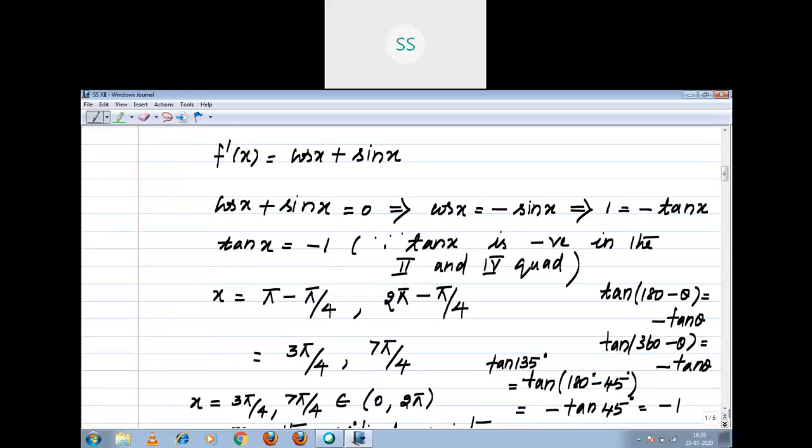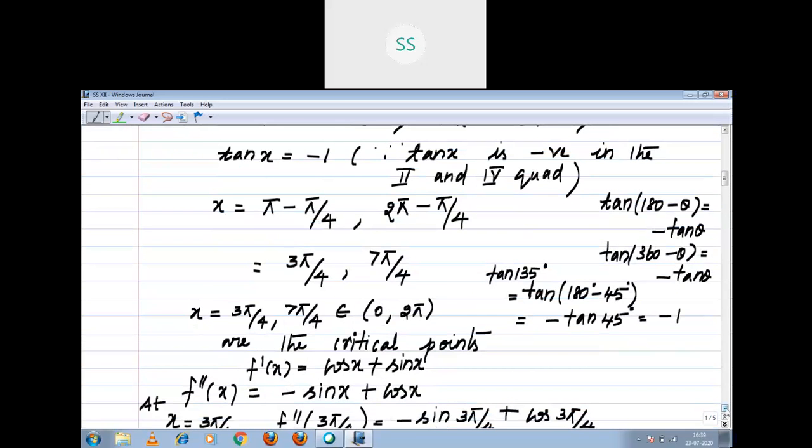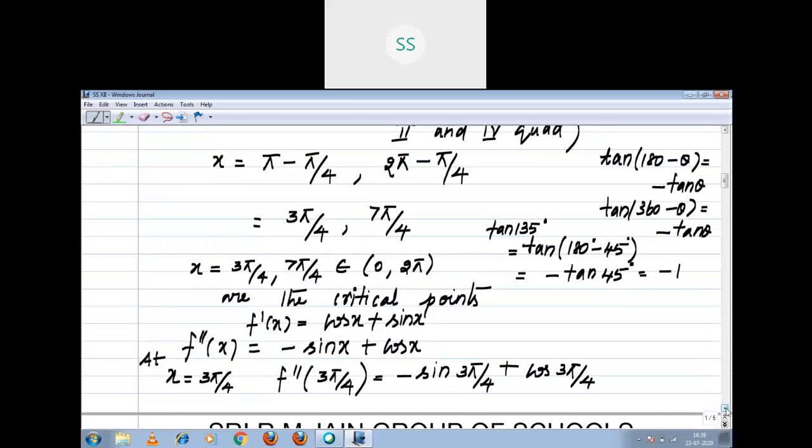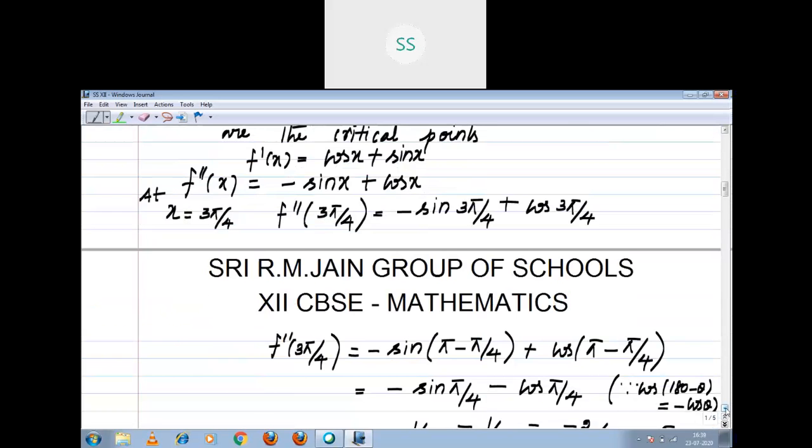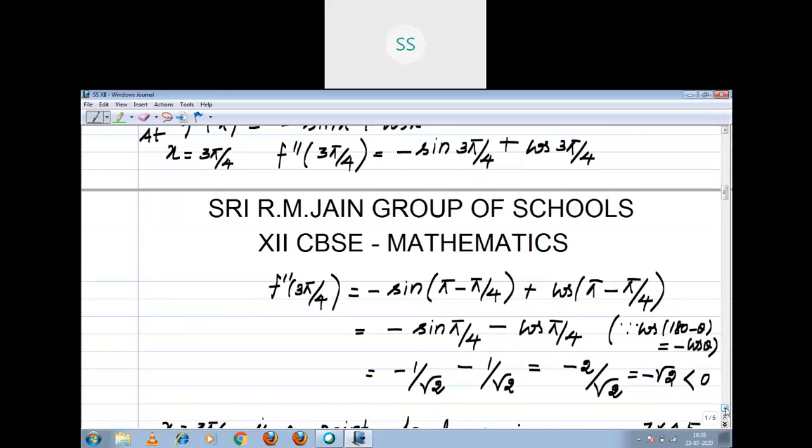Now, the next step, you found the second order derivative. Only when you find the second order derivative can you give the conclusion whether the point is local maxima or minima. You substitute the value. You arrived at the result as negative, less than 0.